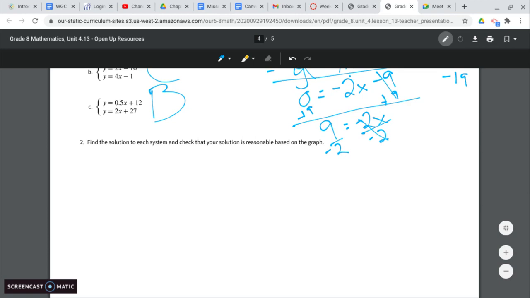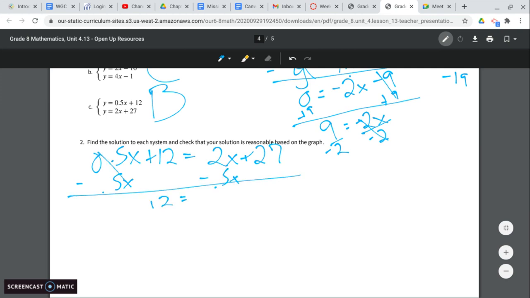All right, and the last one, graph B. So I'm going to go ahead and use substitution on this one. So we're going to have 0.5x plus 12 equals 2x plus 27. I'm going to subtract the 0.5x.